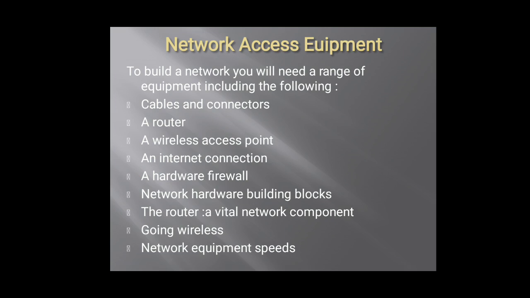Network equipment speeds. Most network equipment complies with common standards, so you can combine routers, cables and firewalls from different manufacturers. Many configurations can be done to connect network equipment. However, the speed of your network might be governed by the slowest element.